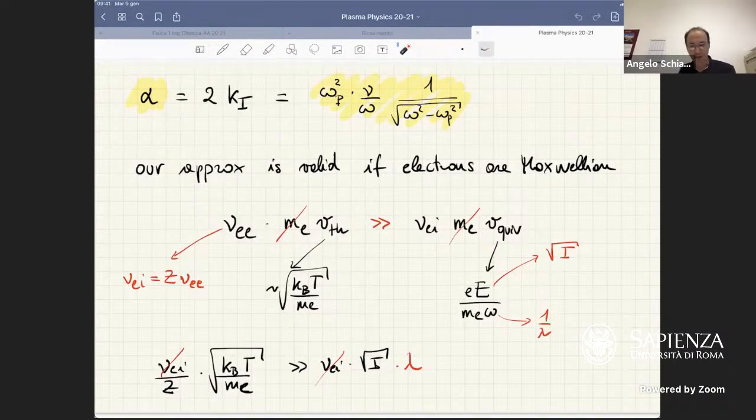Good. Then, we want to rearrange this equation into something that can be expressed in terms of macroscopic parameters that we control, and usually what we do is we prepare a pulse of electromagnetic waves.